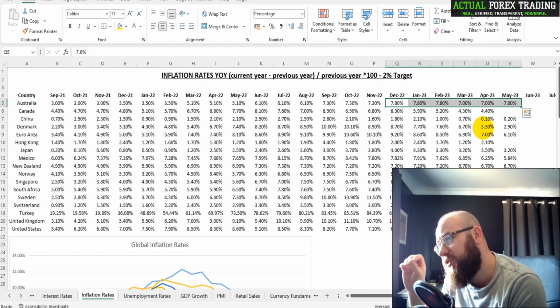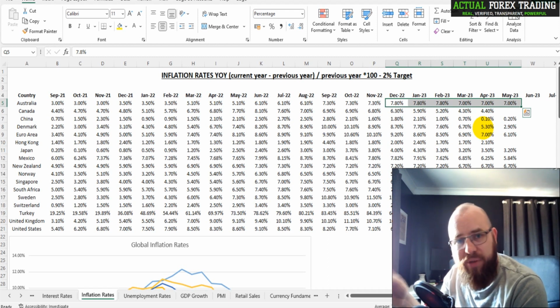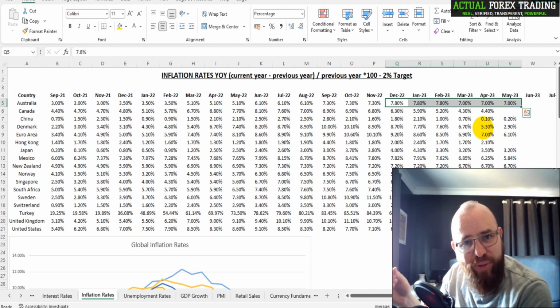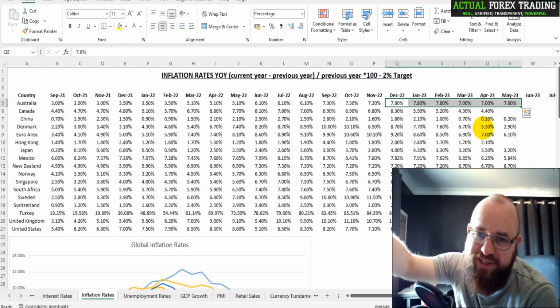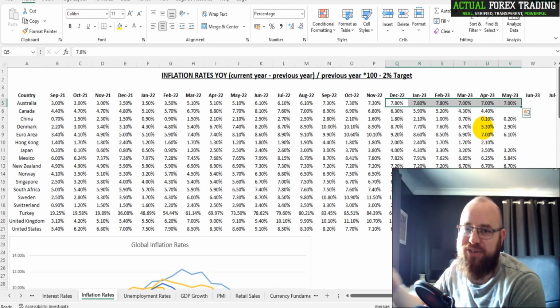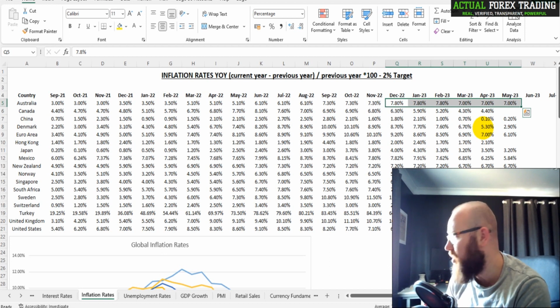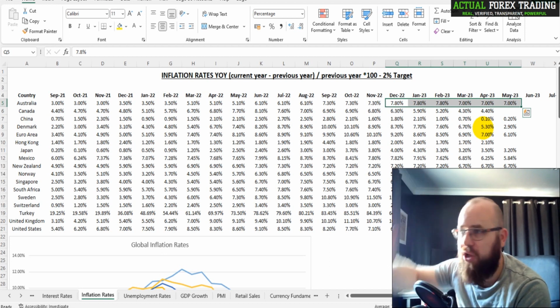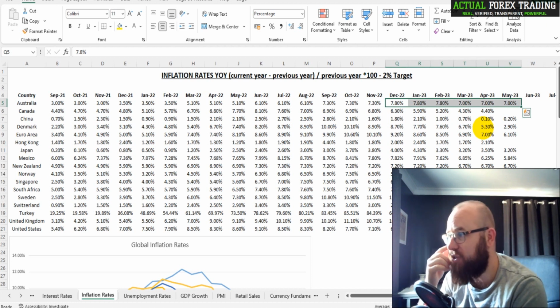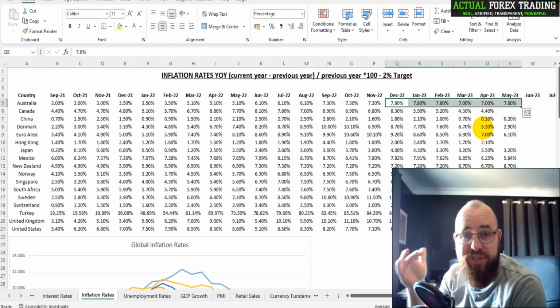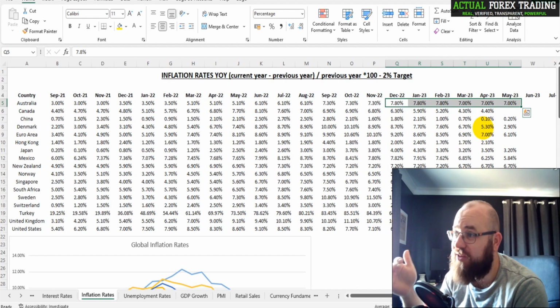Now, when an inflation figure is released, it moves the markets. Why does it move the markets? Because people are predicting what the interest rate is going to be based on the inflation rate. And we saw that last week with the US. Inflation was much lower than expected. People then thought, okay, well, the Federal Reserve is probably going to start pausing rates now. And they did.